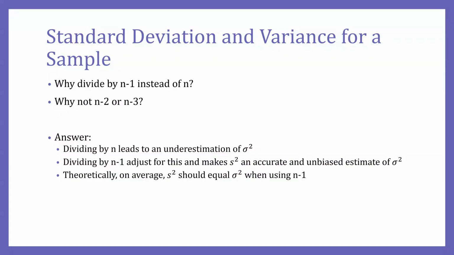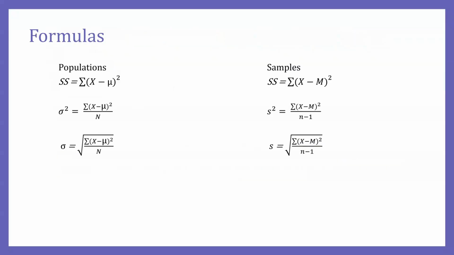And theoretically, when we run those simulations, what we see is that on average, that sample variance should be fairly equal to the population variance when using that n minus 1. So that's why we use that, and that's something to be looking for when you're asked to do these calculations.